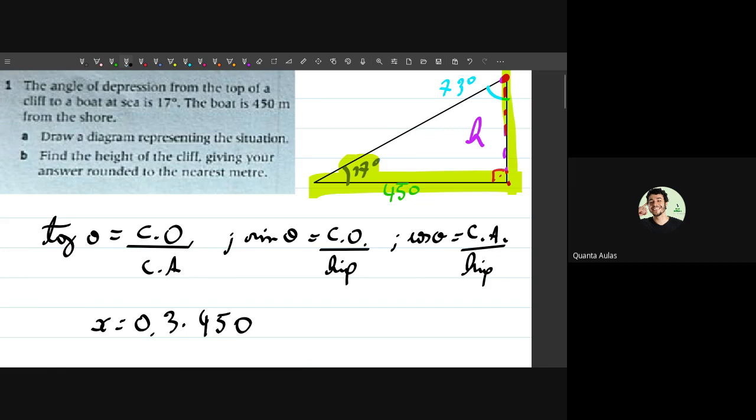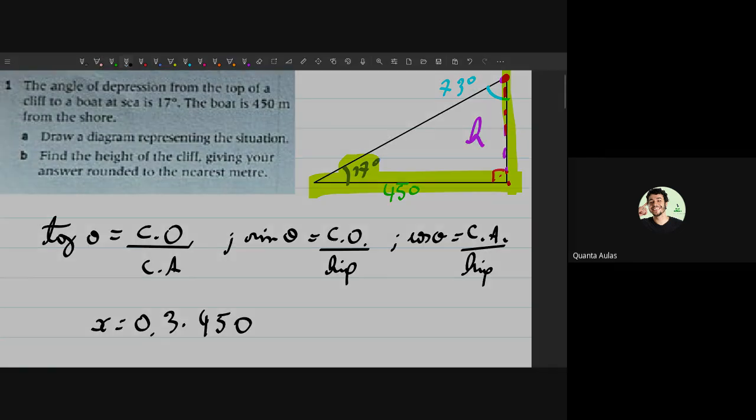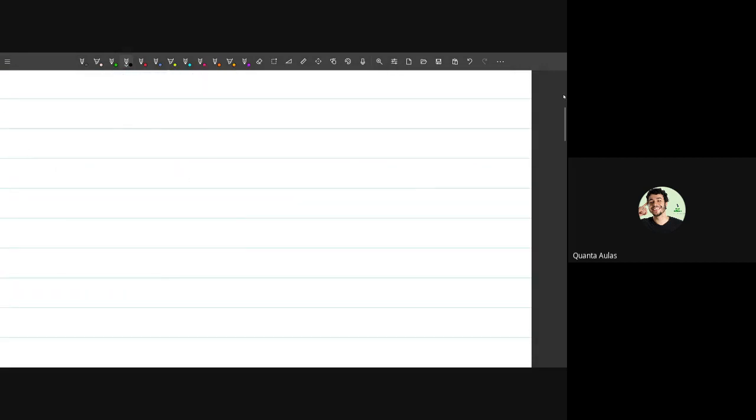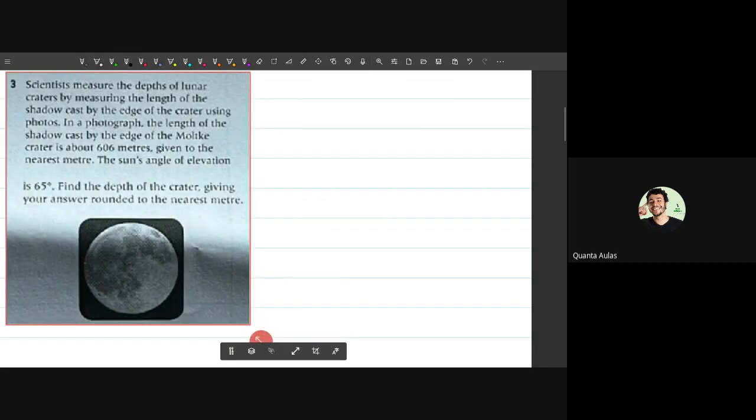Okay. We can do the moon problem. So cute. Scientists measure the depth of a lunar crater by measuring the length of the shadow cast by the edge of the crater using photos.